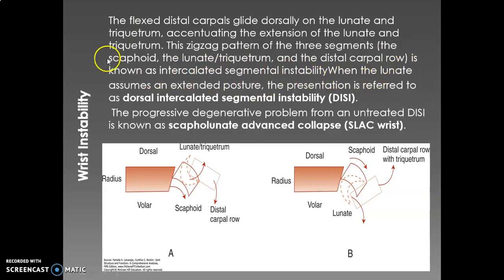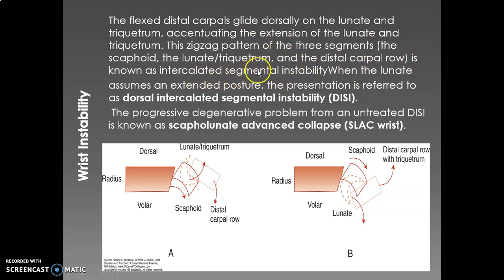We already studied about the intercalated segment. If this normal pattern is not happening, and the three segments, the scaphoid, the lunate and triquetrum, and the distal carpal row, act in a different way and collapse, then it is called intercalated segment instability.